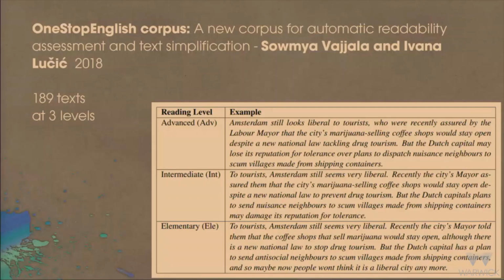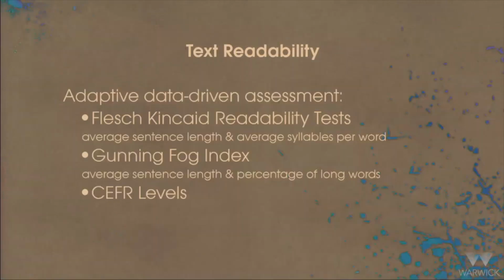And what I wanted to do was use the texts adaptively. So, judging the level of a text is a very difficult thing to do. And very often, for example, we've got Flesch-Kincaid readability tests and the Gunning-Fog index. These were developed either for secondary schools in America or for people going into the military so that they could judge their level of reading.